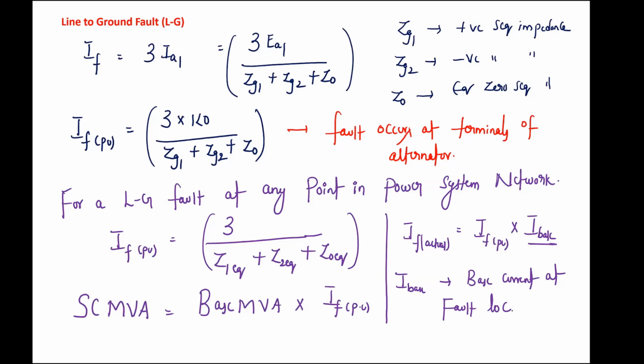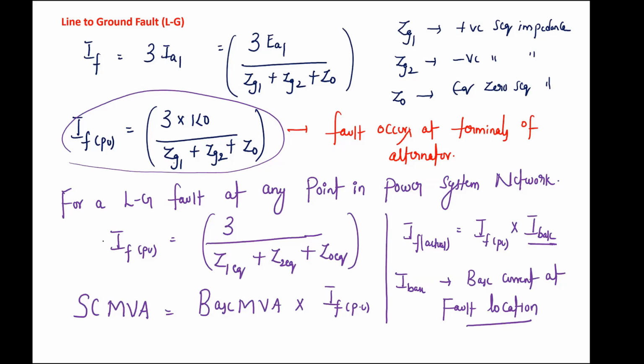We have learned that in every section there is one base current. Depending upon the section in which the fault occurred, you have to choose that particular base current value. So very simple LG fault. IF per unit is given by 3 divided by ZG1 plus ZG2 plus Z0 in case the fault occurs at the terminals of the alternator.